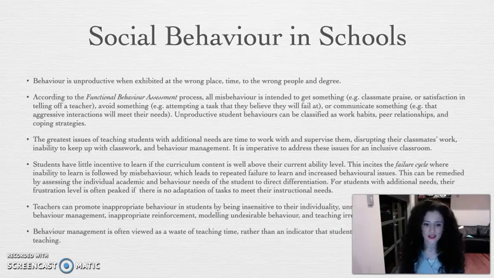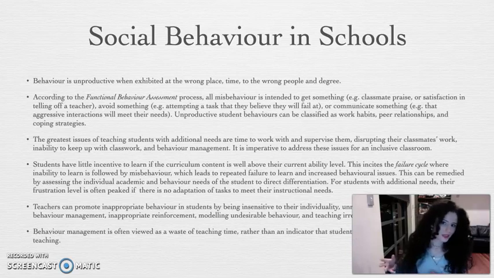Students will have minimal incentive to learn if the curriculum content is well above their current ability level, which will incite the failure cycle, where the inability to learn is followed by misbehaviour, which leads to repeated failure to learn and then increased behavioural issues.